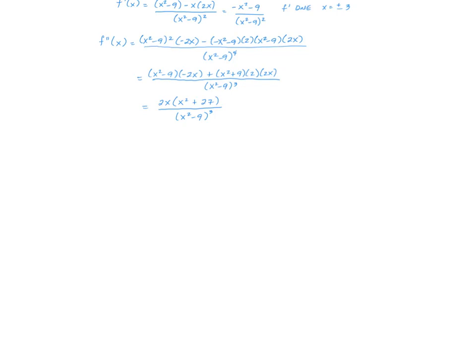I'm going to be looking at where the second derivative is 0. So that would be where the numerator is 0. Notice that the numerator is already factored. So if I set each of those factors equal to 0, the x squared plus 27 will never be equal to 0. But the 2x is equal to 0 when x is equal to 0. So that's going to be a possible inflection.